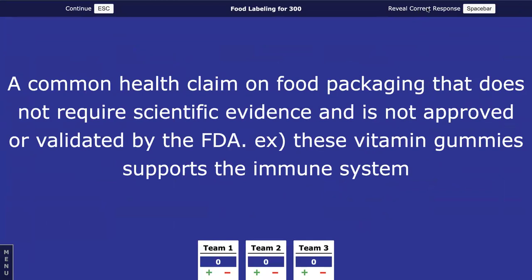Okay, a common health claim on food packaging that does not require scientific evidence and is not approved or validated by the FDA. For example, these vitamin gummies support the immune system. If you go to Sprouts or any grocery store and walk through the aisles, you might see a bunch of products that have specific targets.